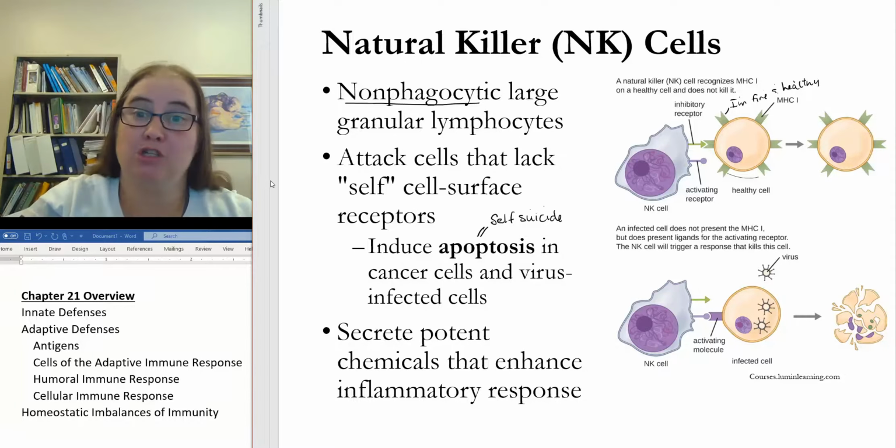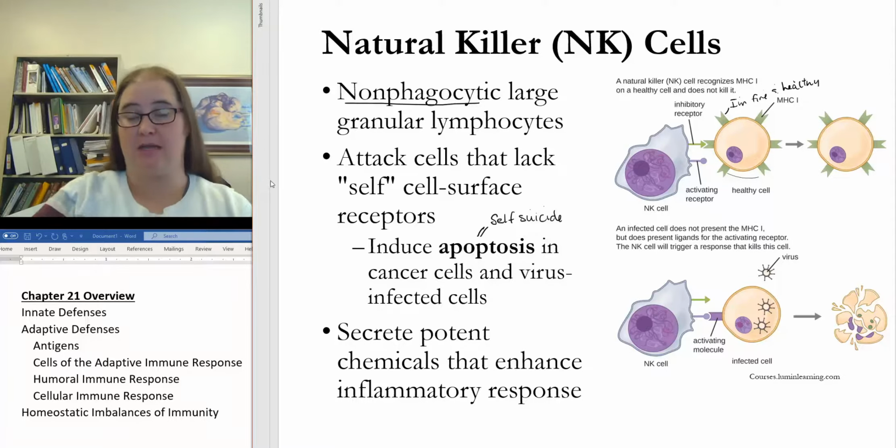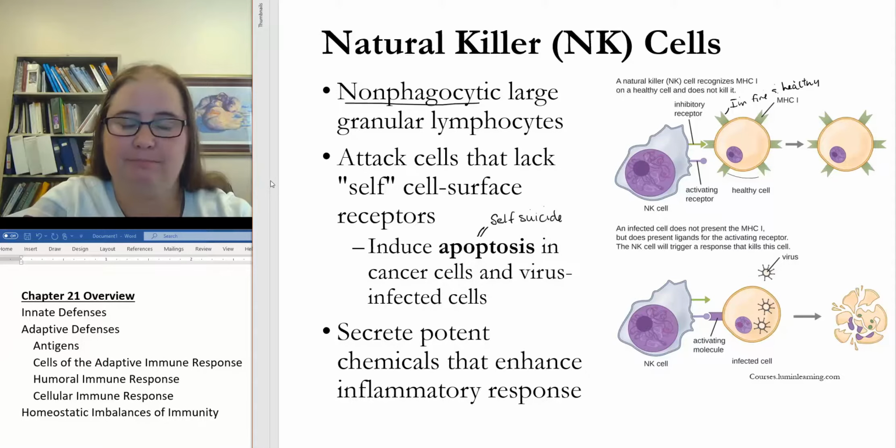So essentially it turns on genes within our DNA that elicit kind of like a bomb response within that cell. So that cell actually triggers cell death. Okay. And again, this will happen if that cell is infected with a virus, or that cell becomes cancerous. A lot of the time that self marker disappears. Super cool.